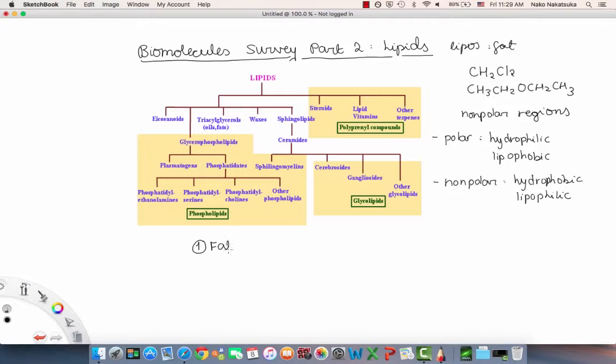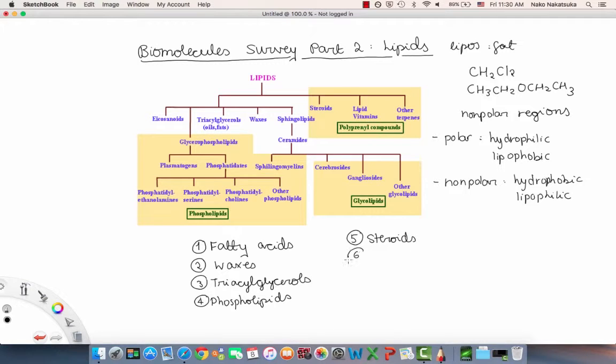We're going to talk about fatty acids, waxes, triacylglycerols, we will also talk about phospholipids, and for number 5, we have steroids.